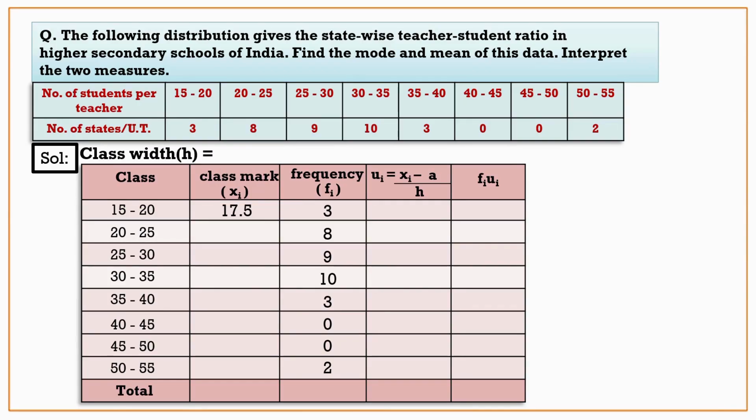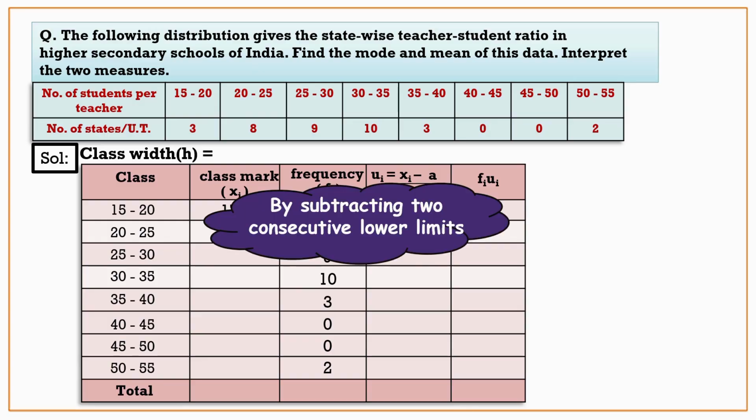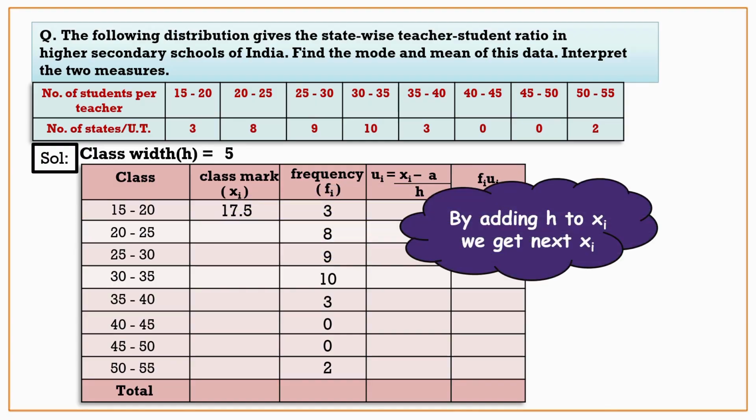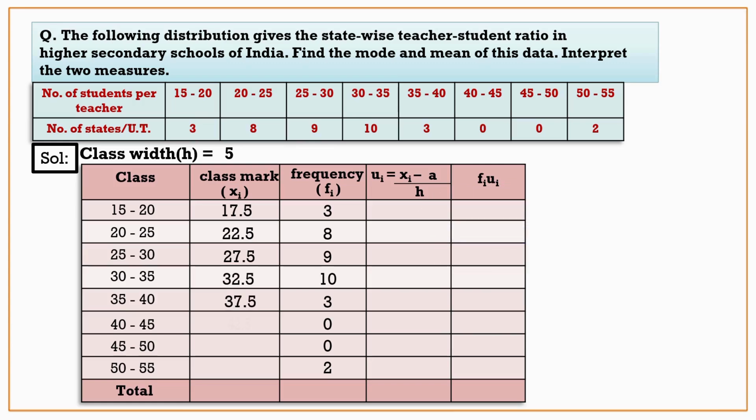Then we need to calculate the class width h, that is we need to subtract two consecutive lower limits, that is 20 minus 15, that is 5. Now to calculate the xi, just by adding h to xi, we will get the next xi. So in this way we will fill up all the xi values.